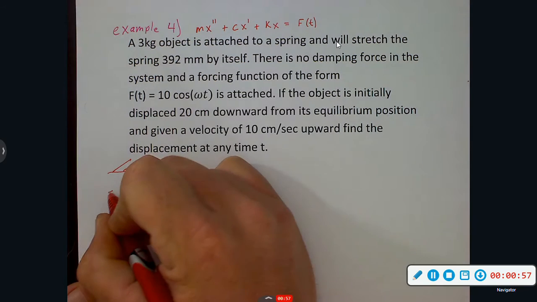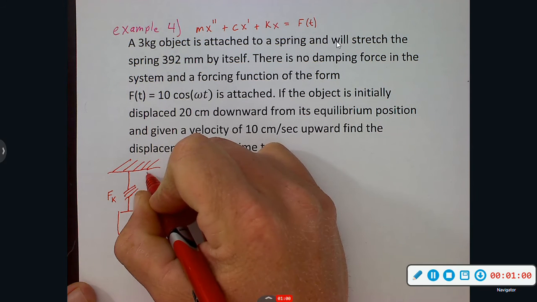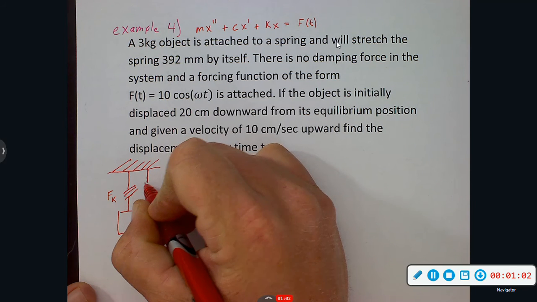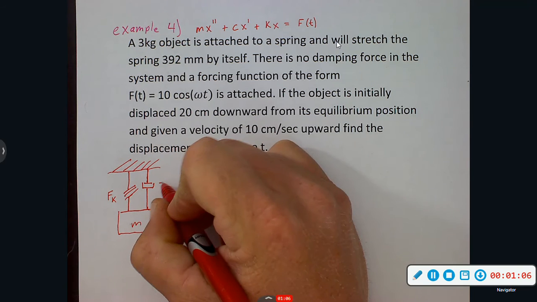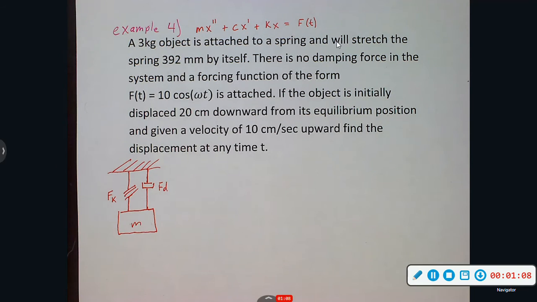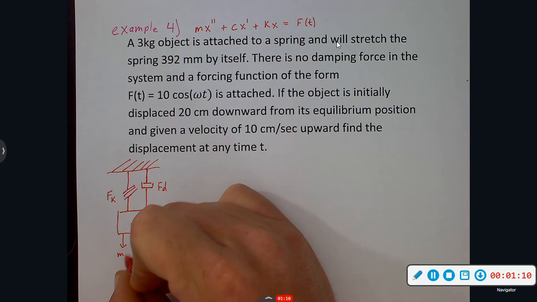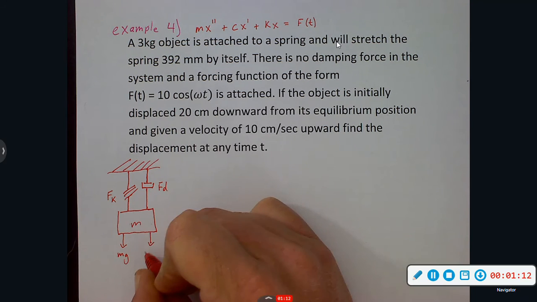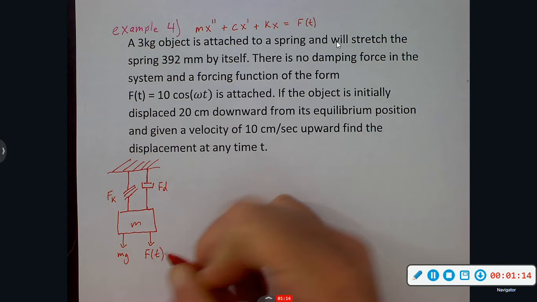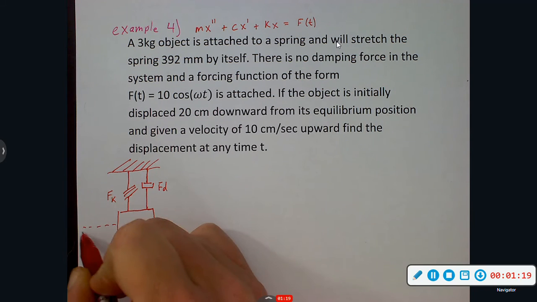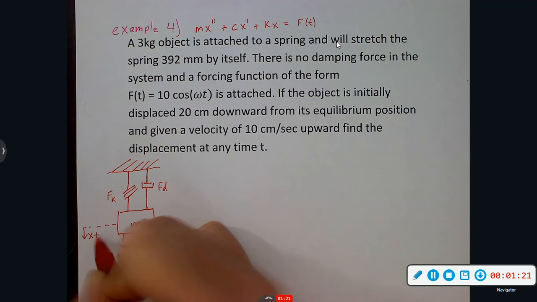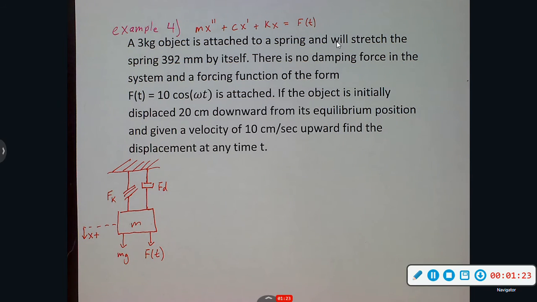We have our F of K. We have a damping force. We also have our mass with gravity. We know that some function f of t could be acting on this, and that we know that's 0, and down is positive. Those are all things we know at the beginning.